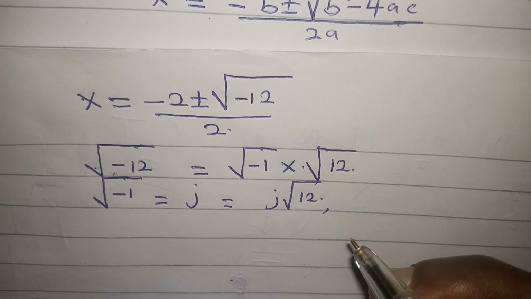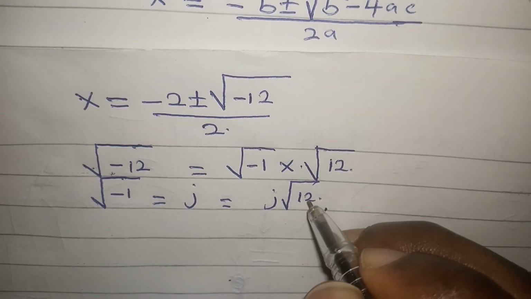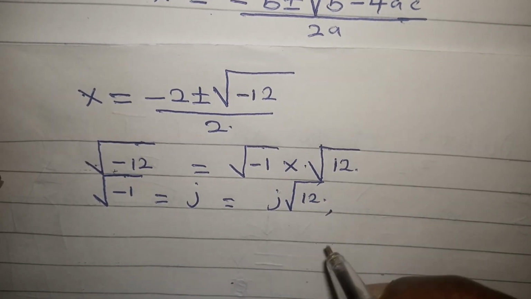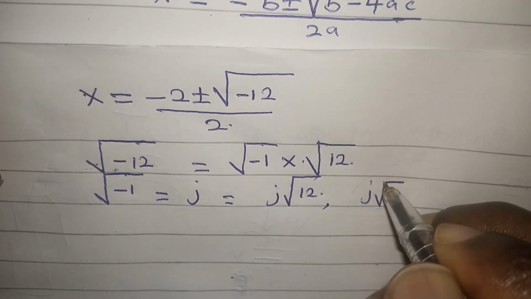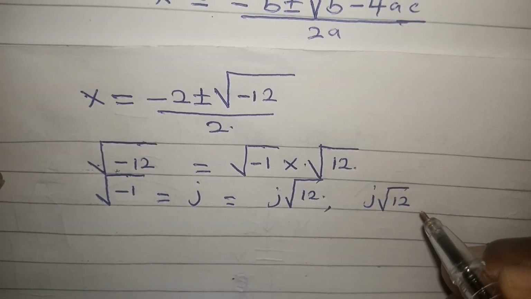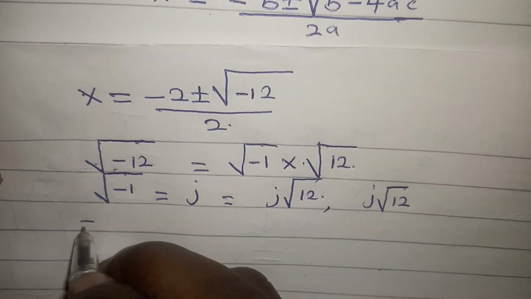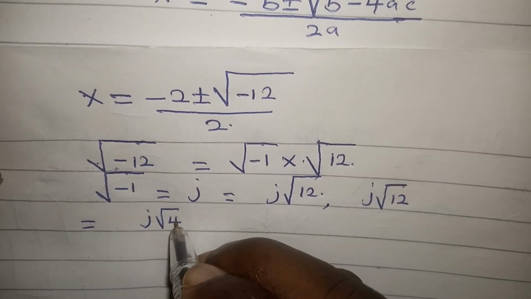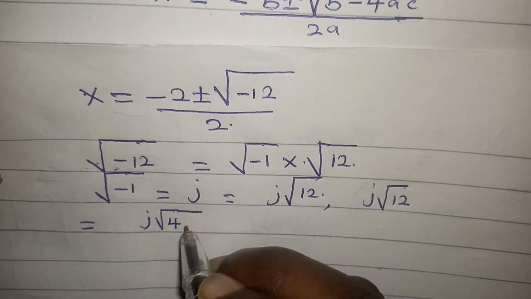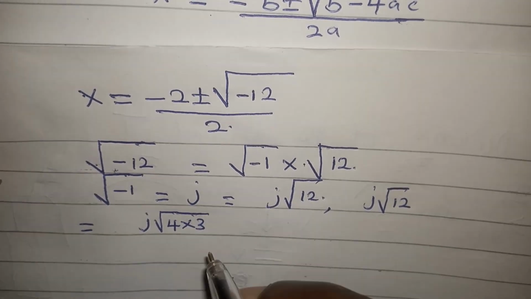So from here we can simply break 12 down. Recall, j root 12 is also equal to j root of 4 times 3.